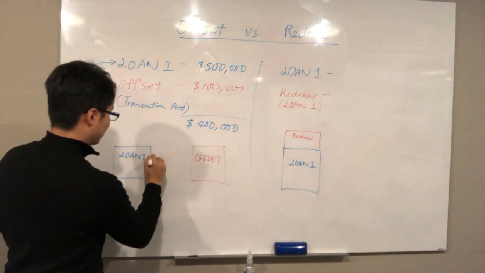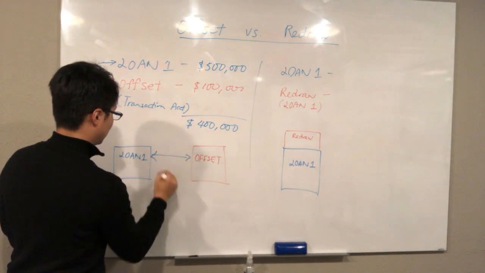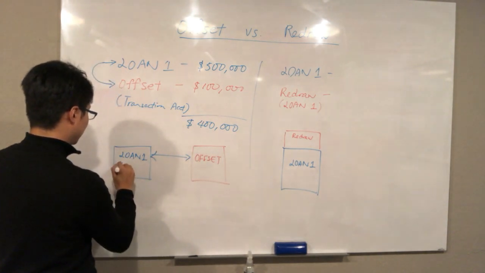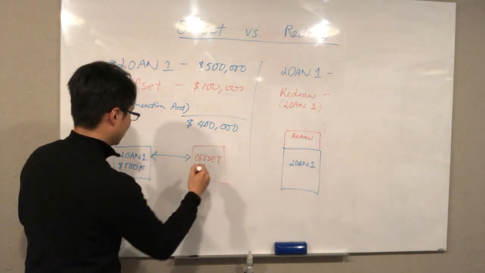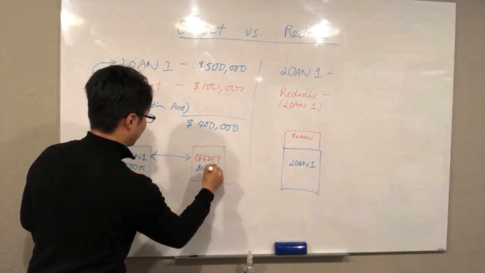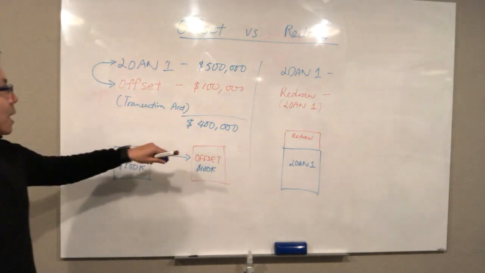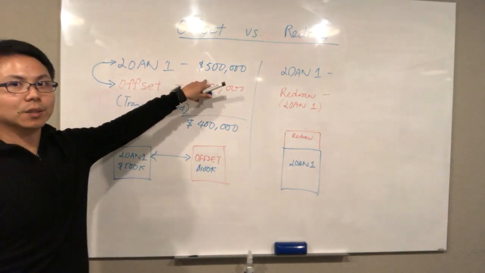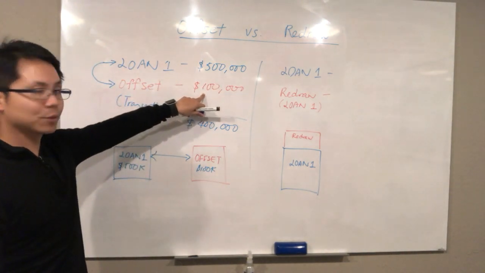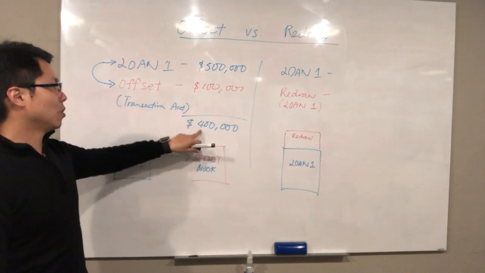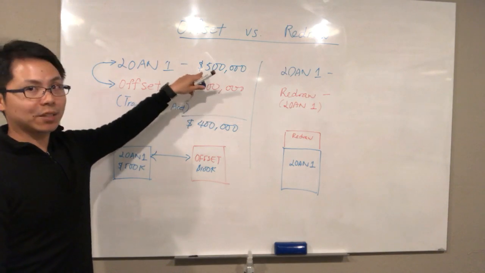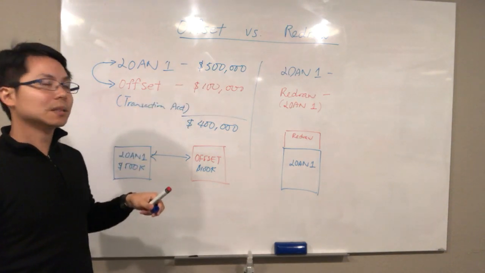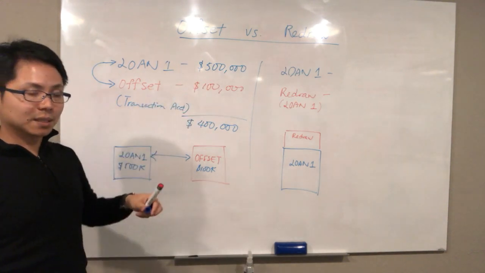Okay, so that's linked, and that's 500k, and that's 100k. So in this scenario, you're actually not paying down the loan, okay? The offset facility allows you to enjoy the benefit of paying interest on a reduced principal amount without having to actually pay down the principal amount. So it is quite flexible in that sense.